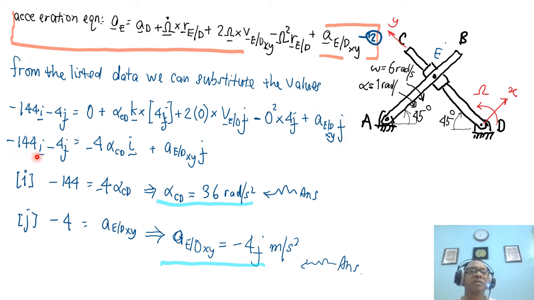So we have minus 144I minus 4J equals 4 alpha CD, K cross J is minus I, so it's minus 4 alpha CD I plus the relative acceleration J.